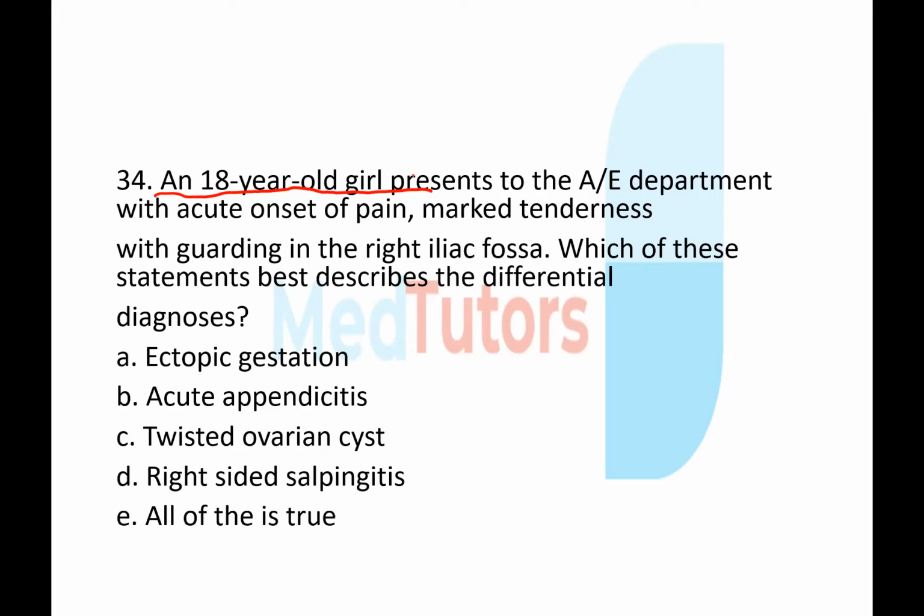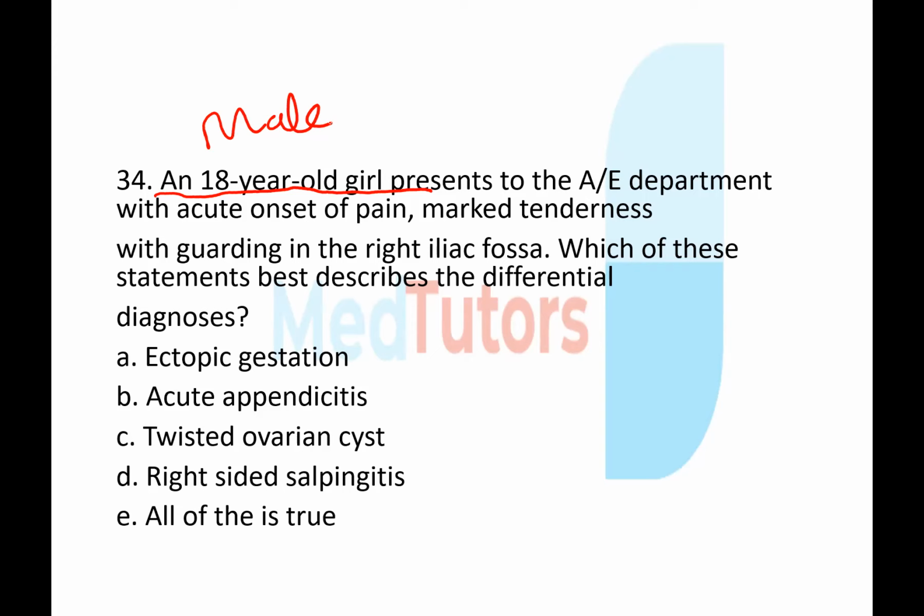Of course, if this is a male in this age group, acute appendicitis will be your number one differential. But in females, when a patient presents with right iliac fossa pain, even within that age limit, you have to look for other gynecological causes of right iliac fossa pain.